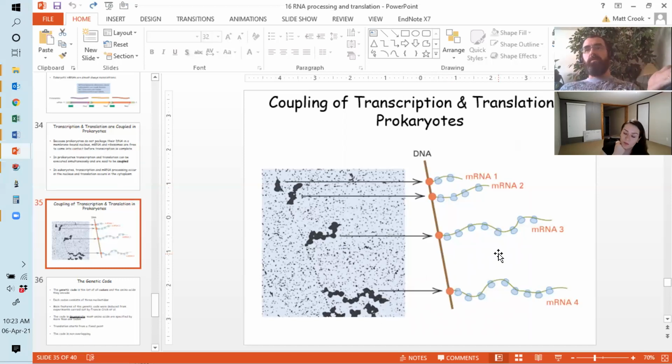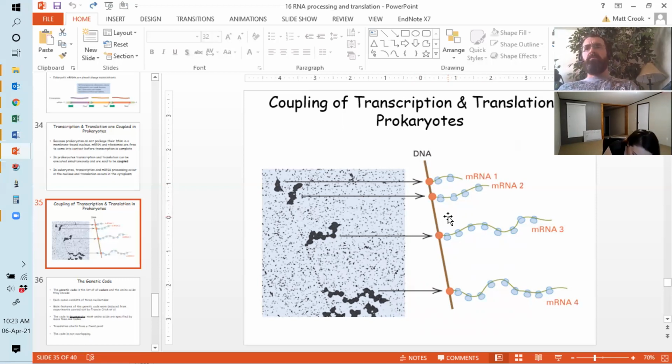You don't have to wait for it to be processed and then exported into the cytoplasm. It happens immediately. And this is a very important characteristic of prokaryotic gene expression, because this is one way in which they control the translation of their genes, through this coupling of transcription and translation.